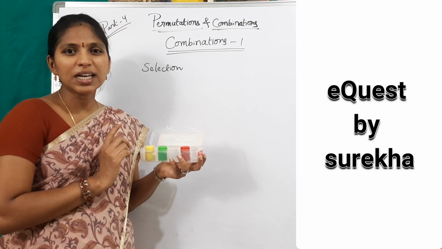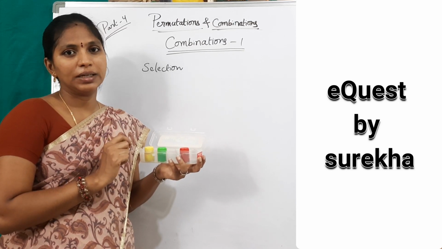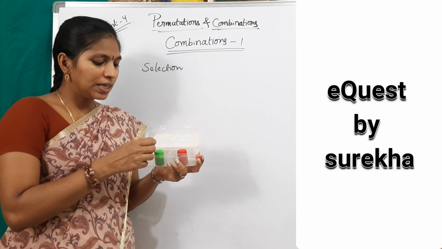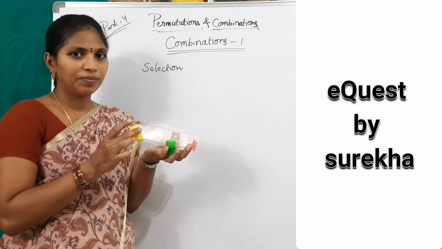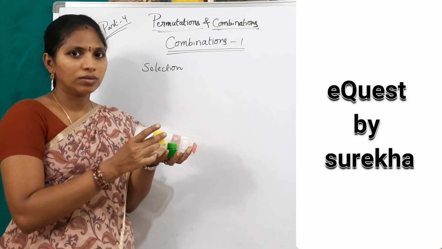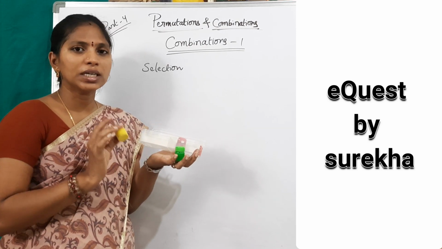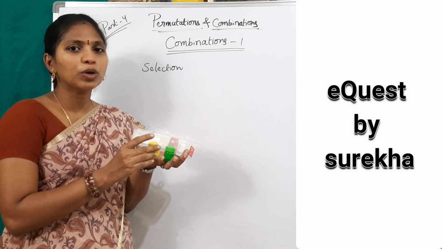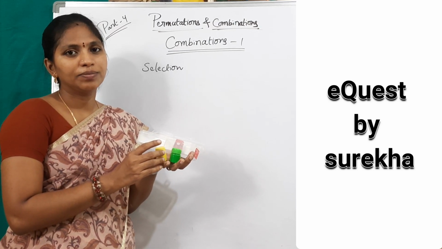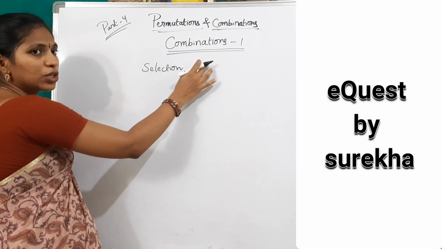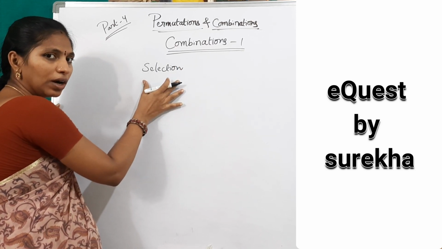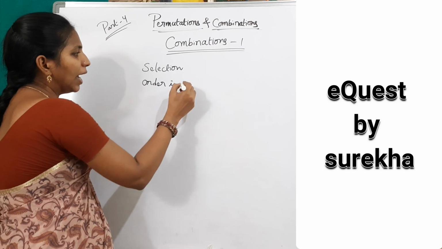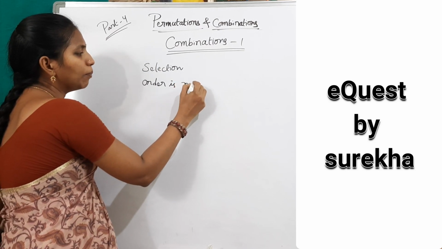In permutations order is important. In selections, selecting these two bottles is only one way, yellow green or green yellow, both are the same, but in permutations both are different. So combination is nothing but a selection of elements, and here order is not important.